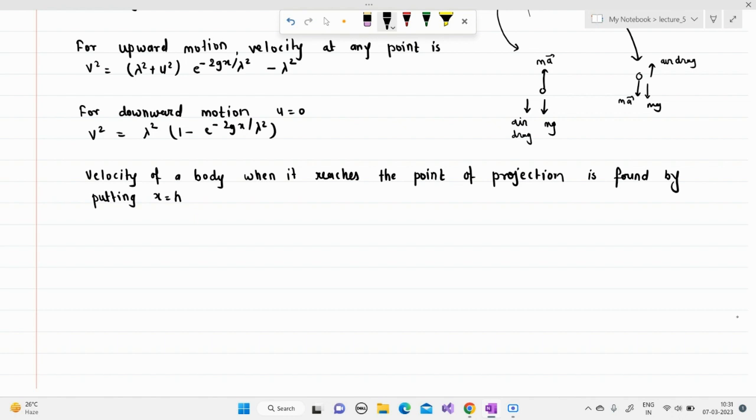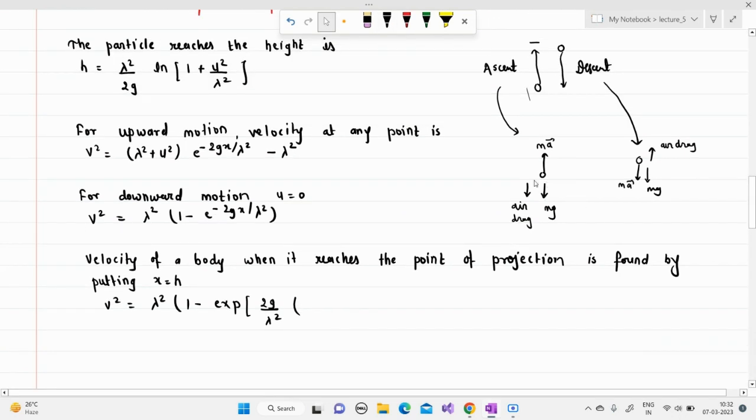Okay, so here v square is equal to lambda square times 1 minus exponential of 2g by lambda square into x, where h is what we want to find, and this is our h value.